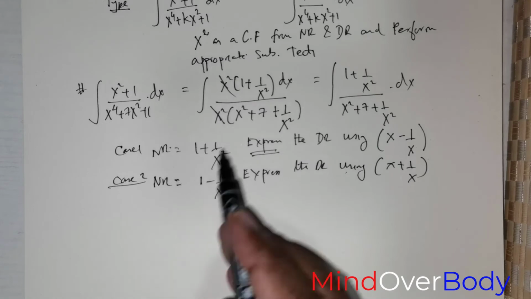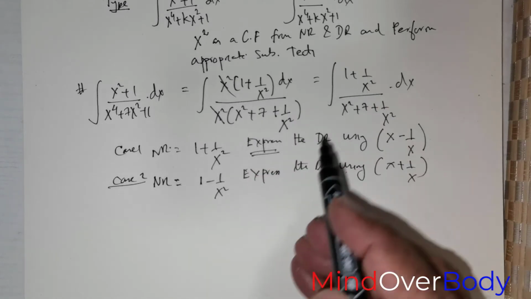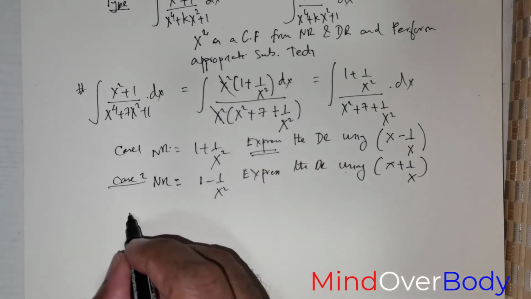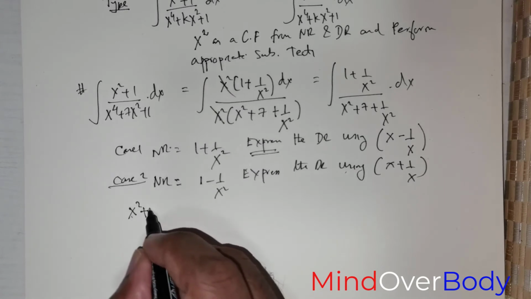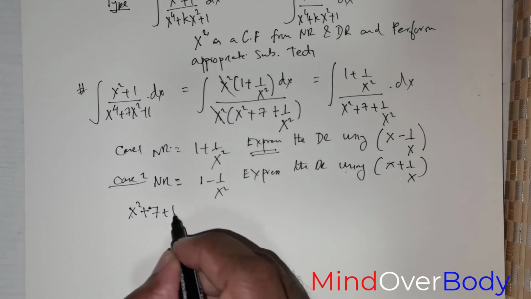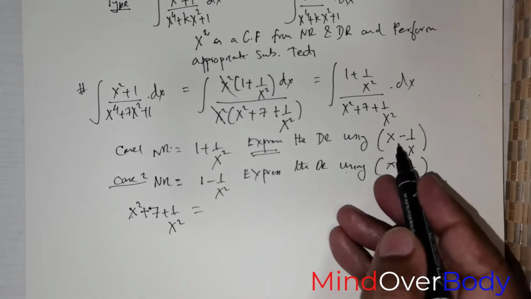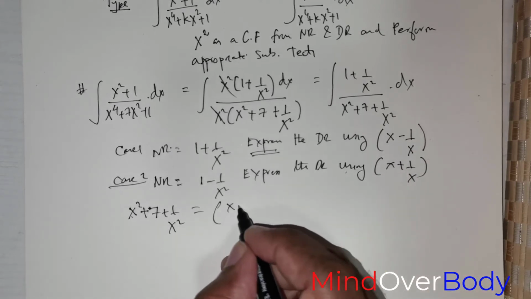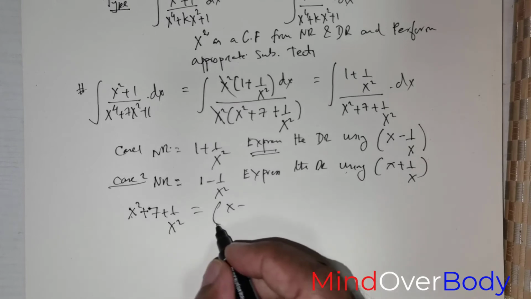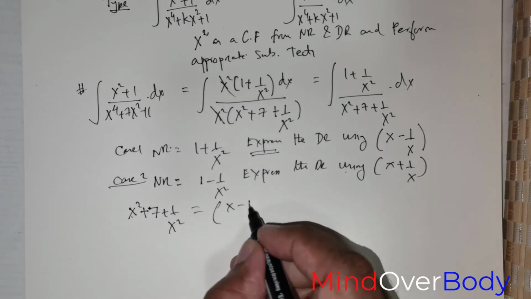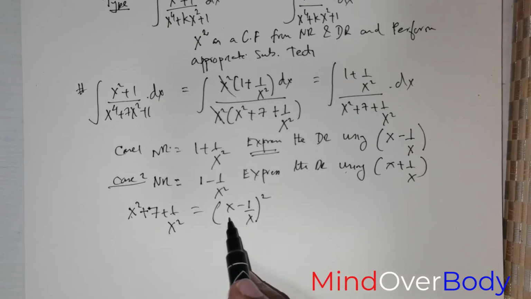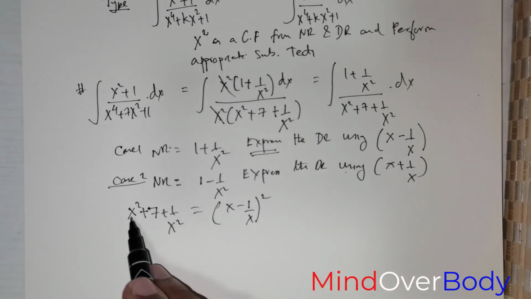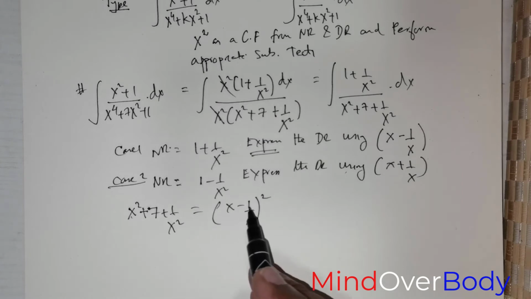So in this case the numerator has got 1 + 1/x². So I'm going to express the denominator x² + 7 + 1/x² using x − 1/x. So if I were to replace this quantity with (x − 1/x)², upon expansion you can clearly see that this would produce the first term, x² + 1/x².